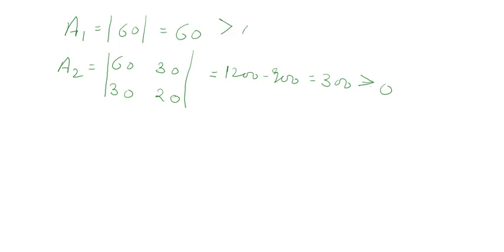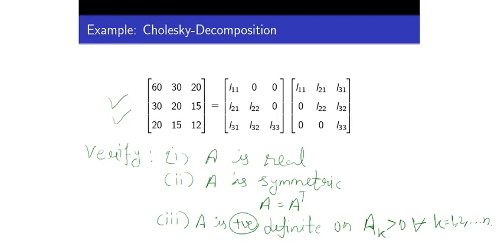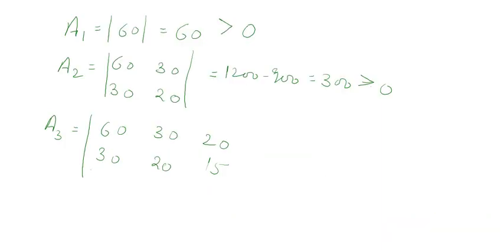A1 is also strictly greater than 0. What about A3? You have 60, 30, 20, 30, 20, 15, 20, 15 and 12.